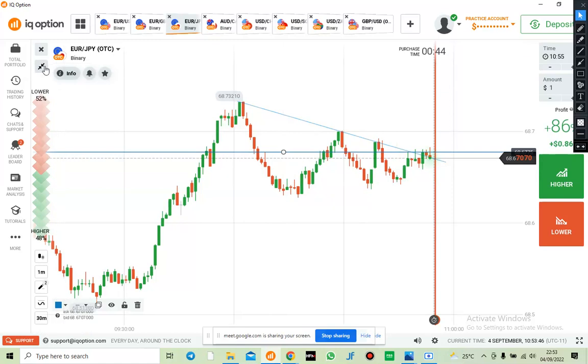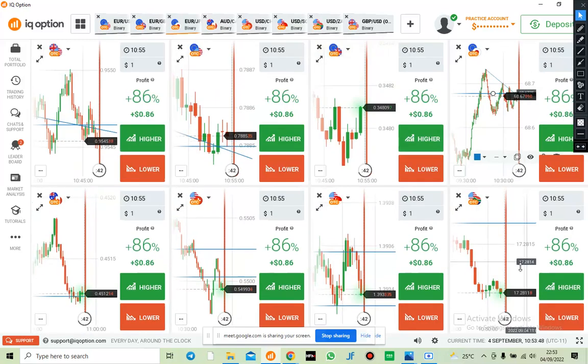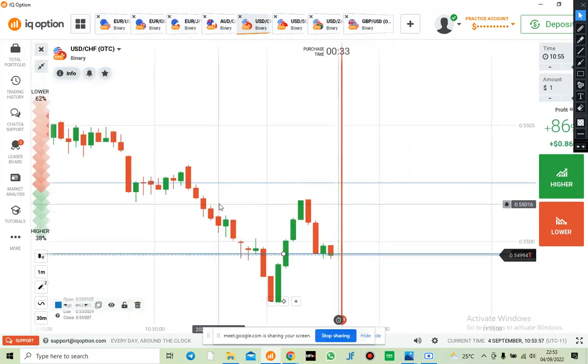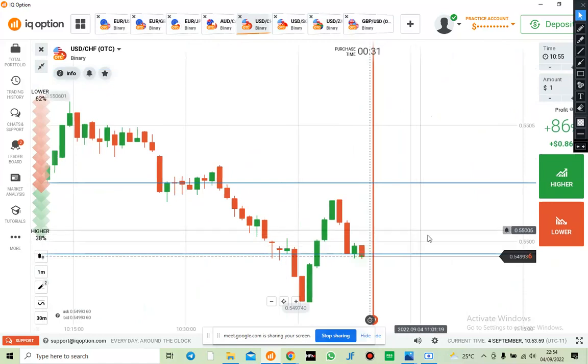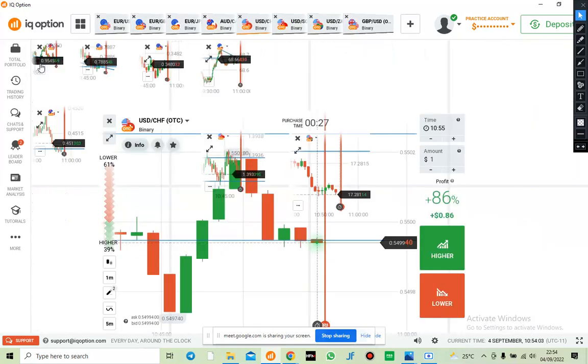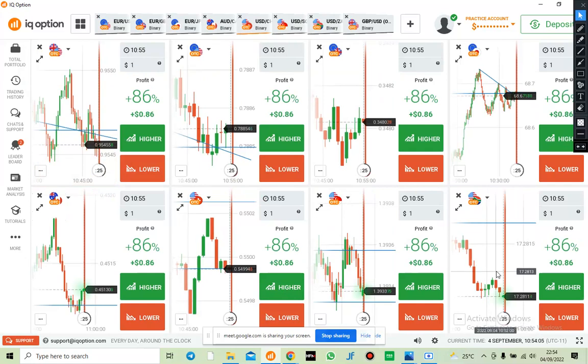Still going down. Okay, support here. Nope. Closed exactly at the same level, so it's not safe.